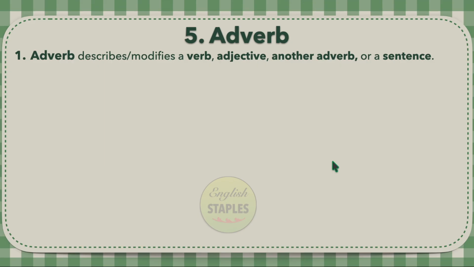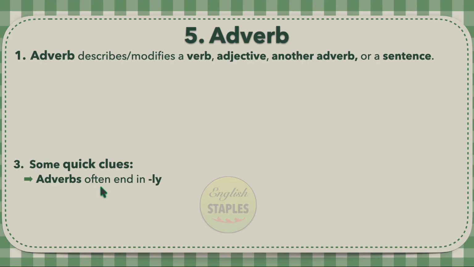Let's look at the fifth part of speech, adverb. What's the job of the adverb? It describes or modifies a verb, an adjective, another adverb, or a sentence. Let's look at some quick clues. Adverbs often end in ly.